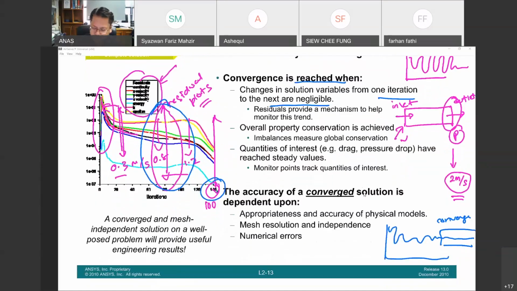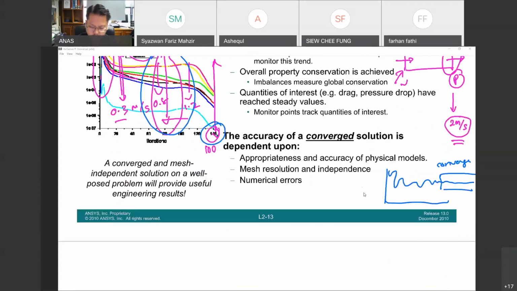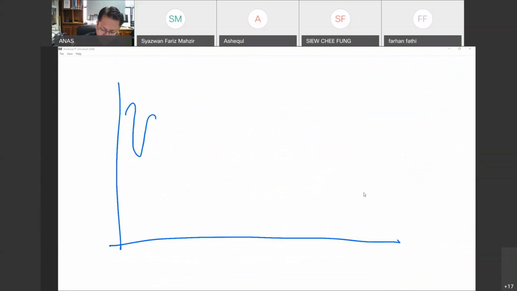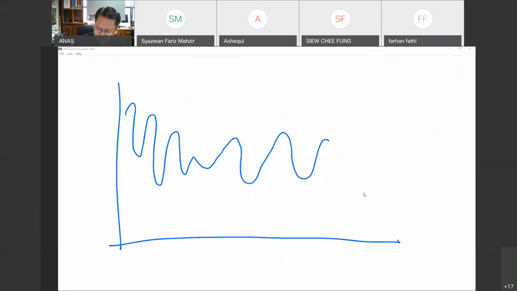So that's why I highlighted over here. Let me add. If I make this big, so for example, it started as a fluctuating value. Remember, it's trying to reach equilibrium. This is an exaggeration, hopefully you understand that.